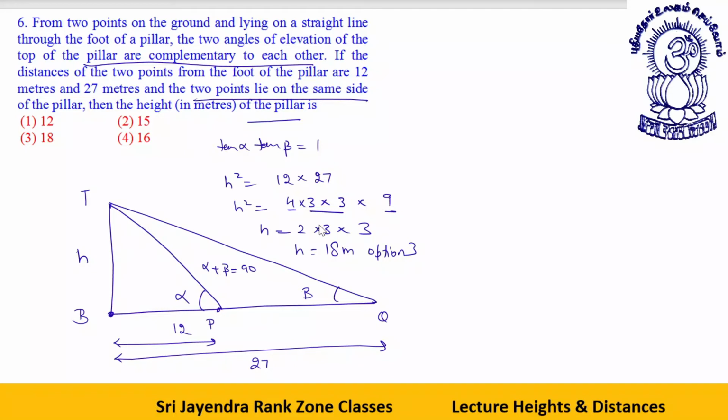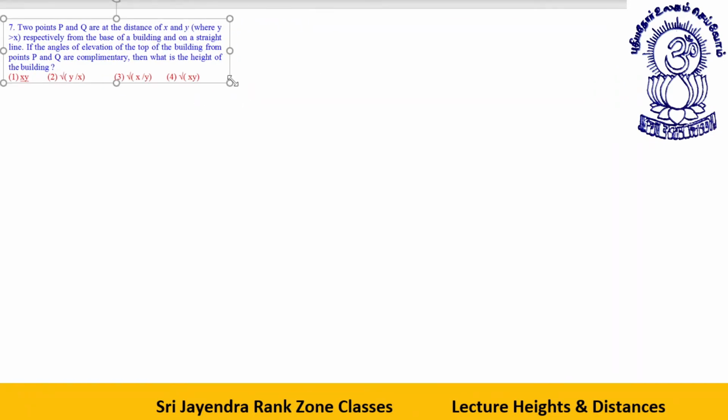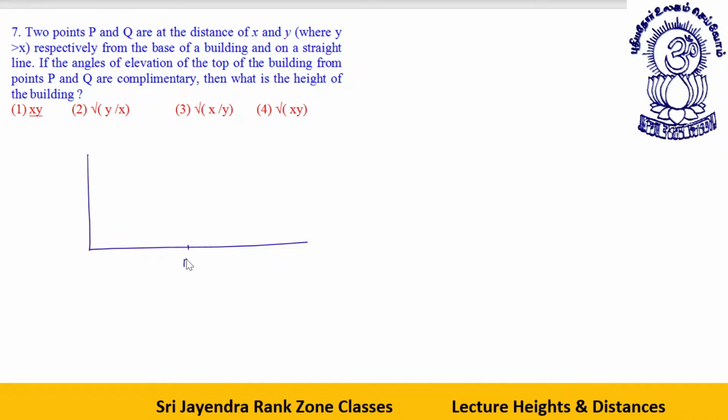Are you paying attention? Okay, next one. Last question of this time. Two points P and Q are at the distance of x and y, where y is greater than x, this is point P, this is point Q, respectively from the base of a building in a straight line.